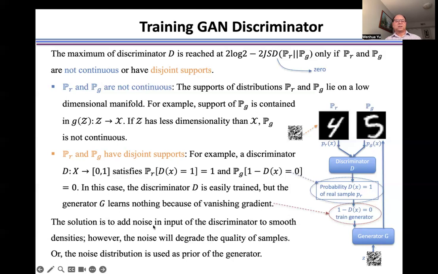The solution is to add noise in the input of the discriminator to smooth the densities. However, the noise will degrade the quality of samples, or the noise distribution is used as a prior of the generator.